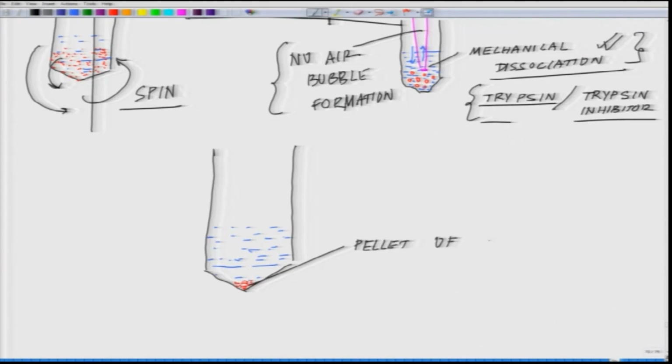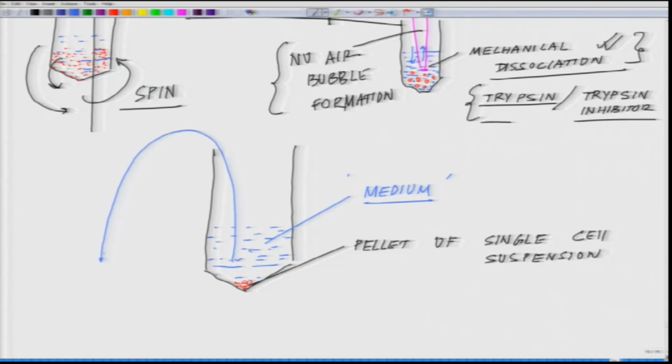Pellet of single cell suspension, and here you have the medium. Okay. Now, what you do, the next step is you aspirate out the medium from here.